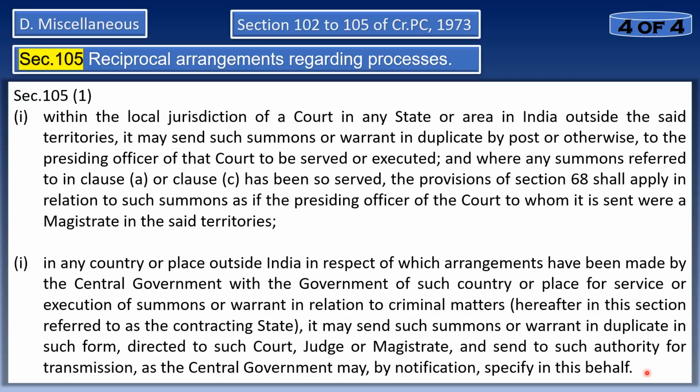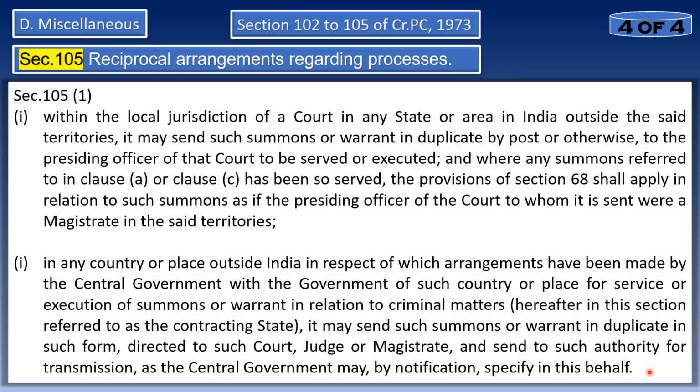In the earlier clause, the service of a summons or a warrant to a person to produce a thing or a document was outside the state but within India. Now, in the second part, it says, what if it is to be served outside the country, India?